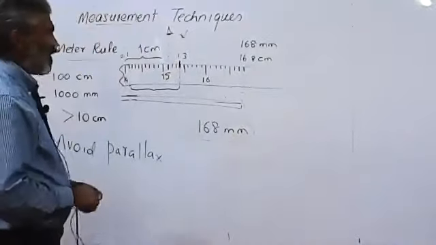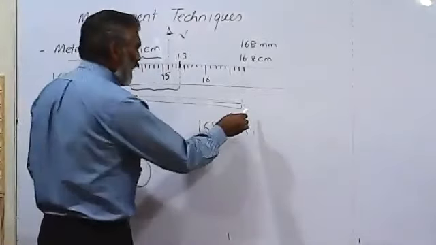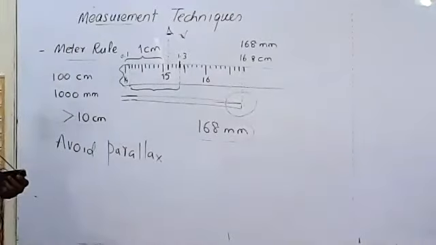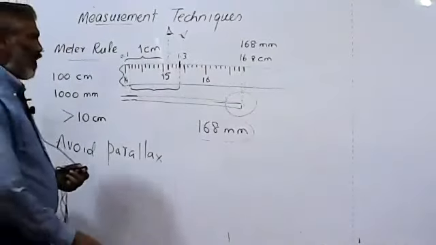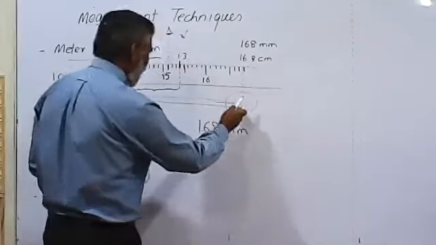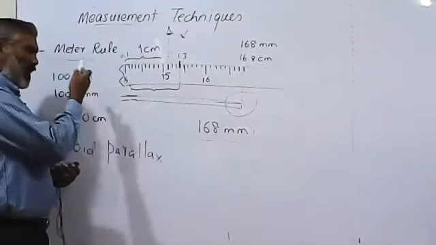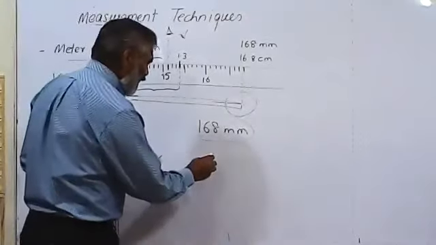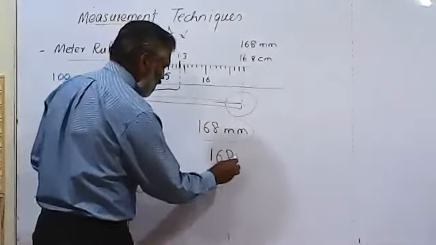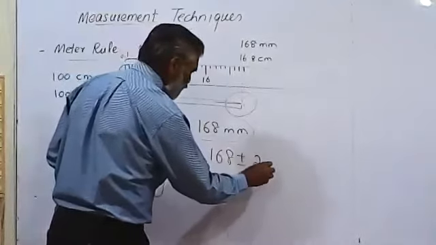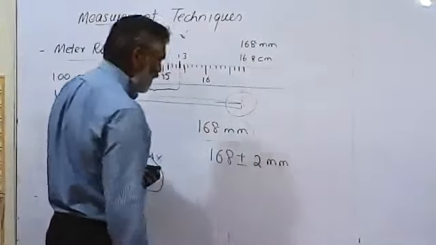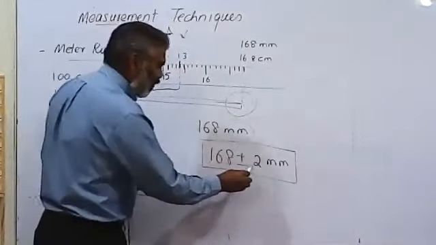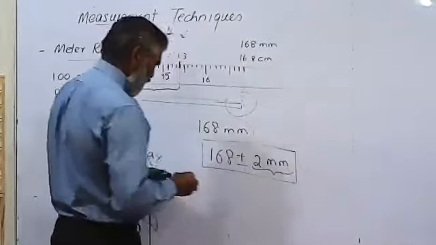That means on each end of its reading there is a doubt of 1 millimeter. So 1 millimeter doubt here, and 1 millimeter when we place it near 0 creates a doubt of nearly 2 millimeter.